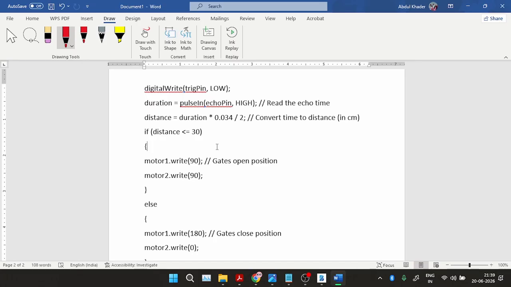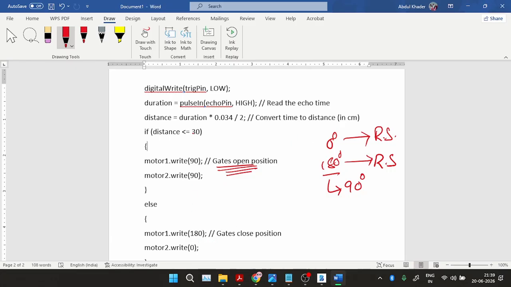So basically the servo motor is at 0 degrees or at 180 degrees. Opening of these gates means rotating of servo motors. One will rotate from 0 to 90 degrees while the other will move from 180 to 90 degrees. That's why in the comment line we have written gates open position.